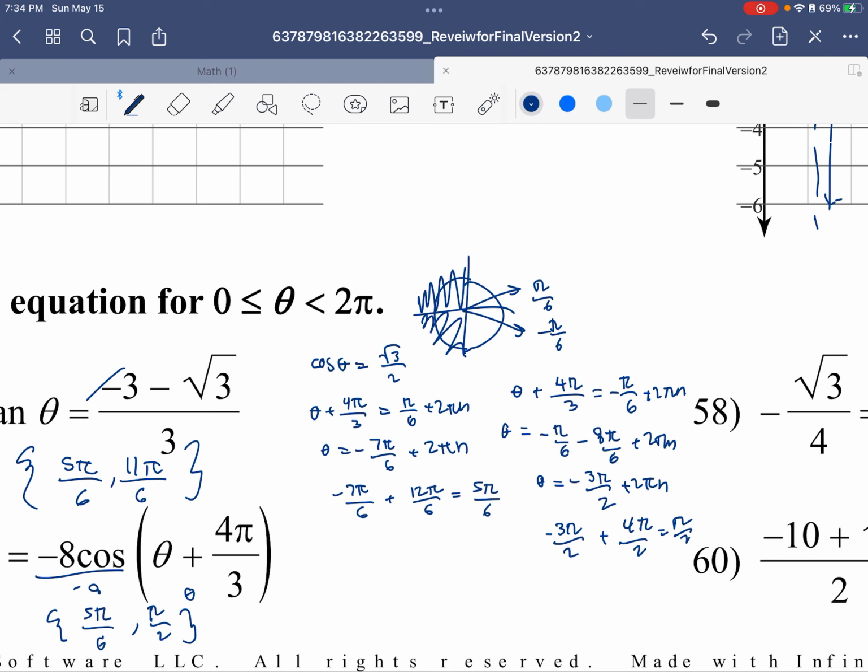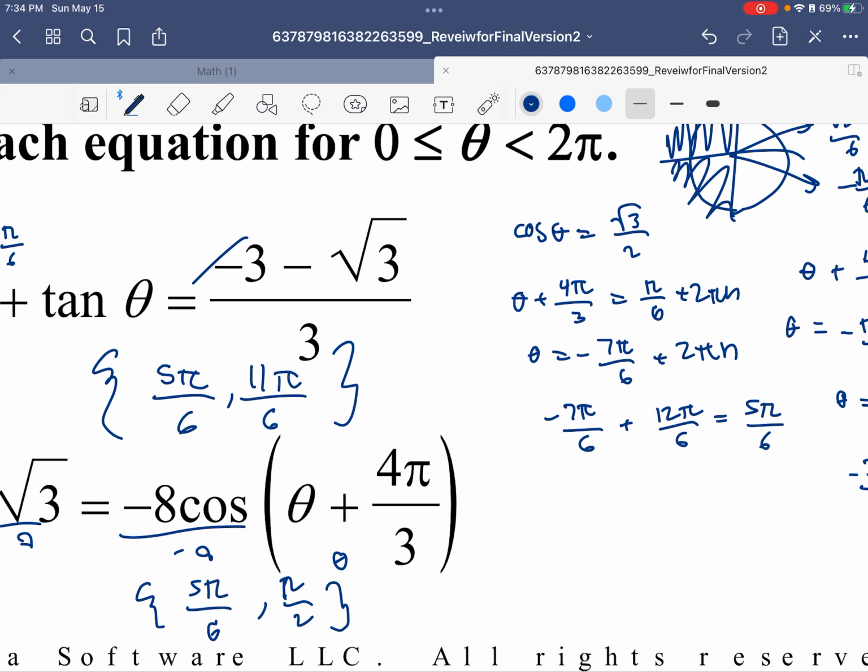And that should be it, because if you want to figure out the distance between these two, pi over 2 is also equal to 3 pi over 6, and then you have 5 pi over 6. So it moves by intervals of 2, and so 7 pi over 6.